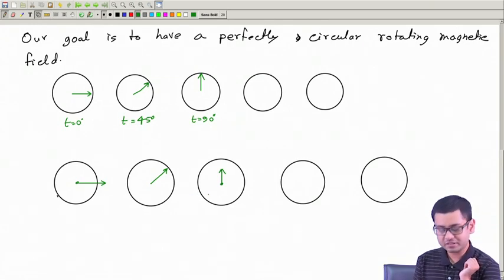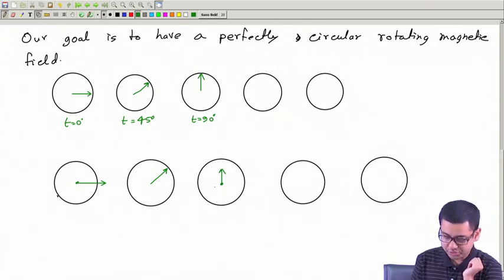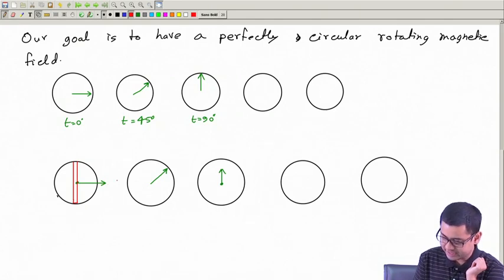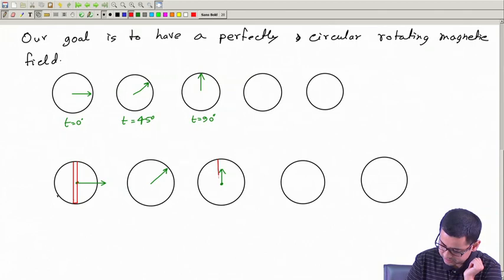When can this happen? This is only possible if, so I have actually two coils. So one coil like this. So this is one coil which is creating the magnetic field in the horizontal direction. Okay, so I have this always.